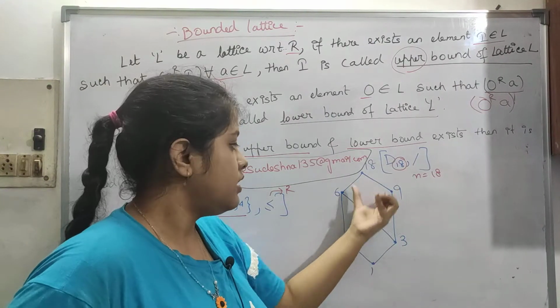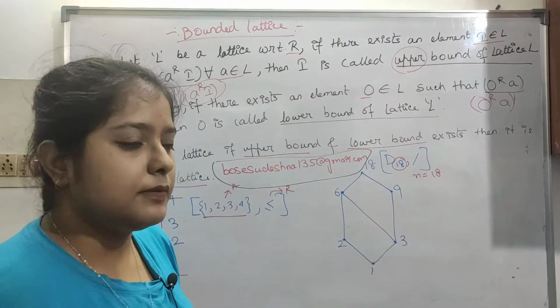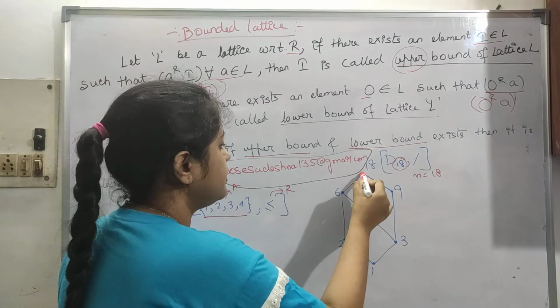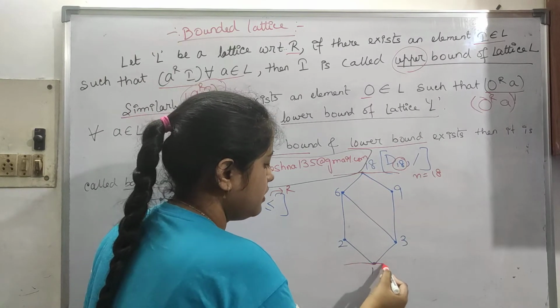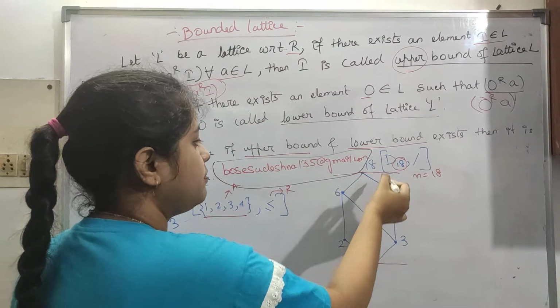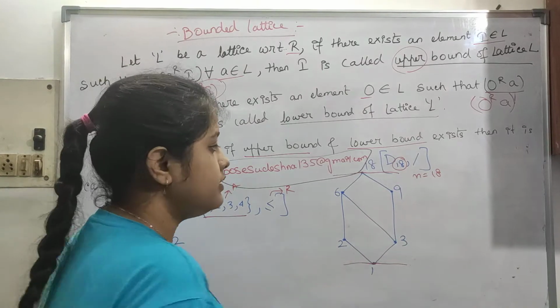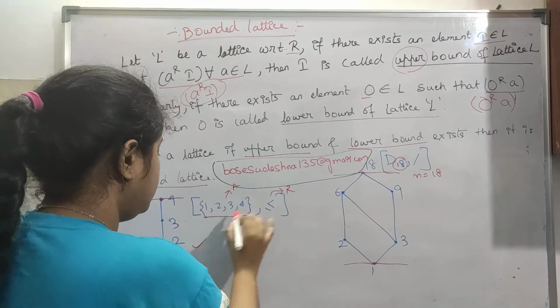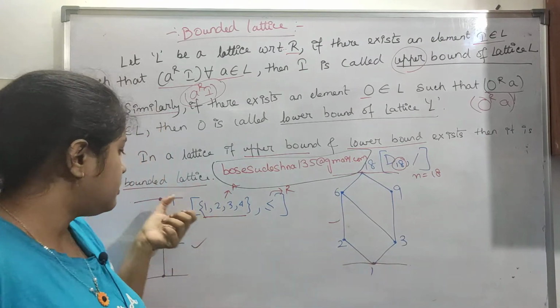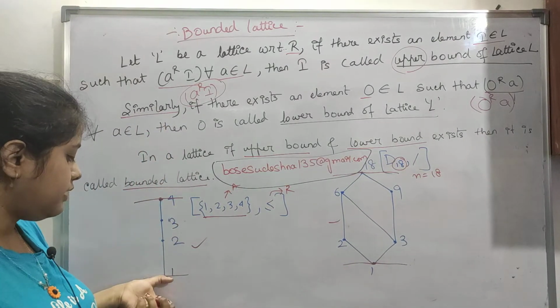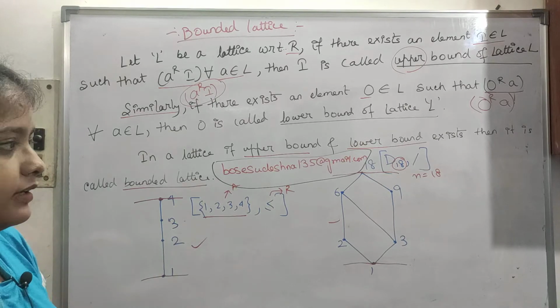Here you can see the upper bound is 18 and the lower bound is 1. So it contains both upper bound and lower bound, so it is a bounded lattice. Both these are bounded lattices.